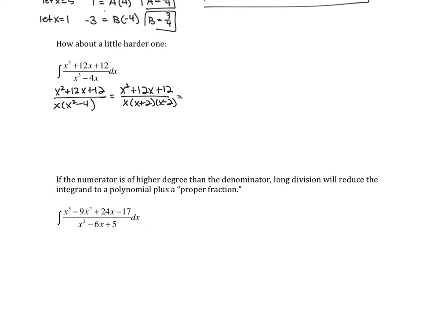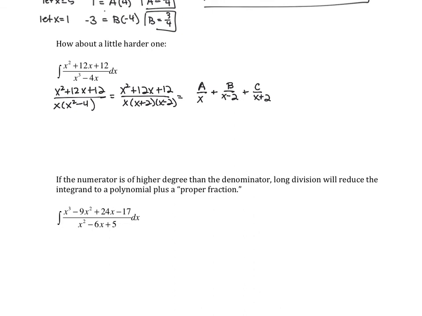So the breakdown of this is going to look a little bit different. I have 3 linear terms on the denominator. And so if I break this down, I would have a over x plus b over x minus 2 plus c over x plus 2. That's really the tricky part of this one. So if you think you can try it from here, hit pause again.